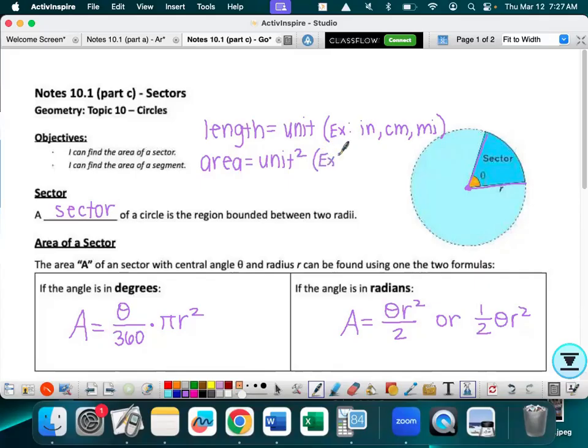So an example would be inches squared, centimeters squared, miles squared. Eventually, we're going to get to volume. And volume is how we measure 3-dimensional objects. That'll be inches or units cubed. You can just go ahead and add a cube to all of those units that we have in the example.